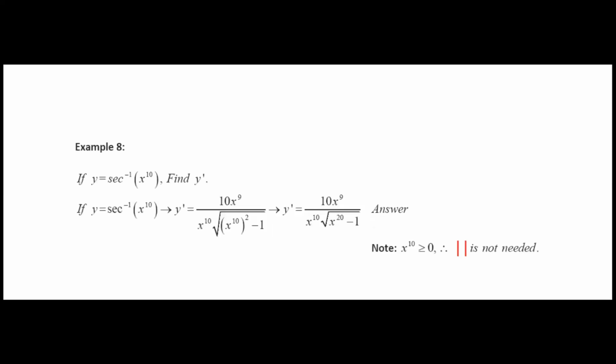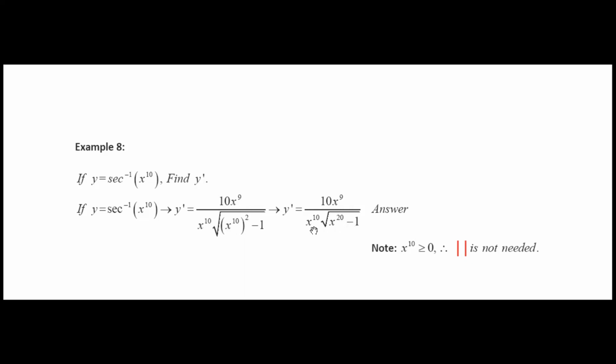Let's work one problem here for the same reason we only worked one sine problem. See how this works. We have y is the inverse secant of x to the 10th power, find y prime. So u is x to the 10th, so that's 10 times x to the 9th. And then that's absolute value of u, which is x to the 10th, times the square root of u squared minus 1, so that's this, and we will square this, calling it x to the 20th.